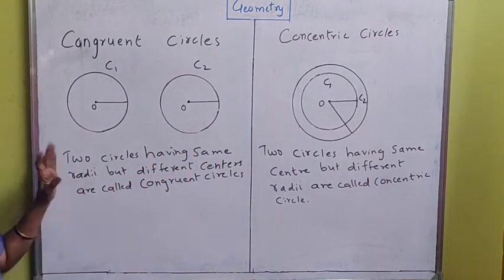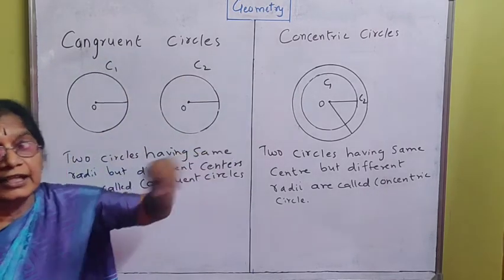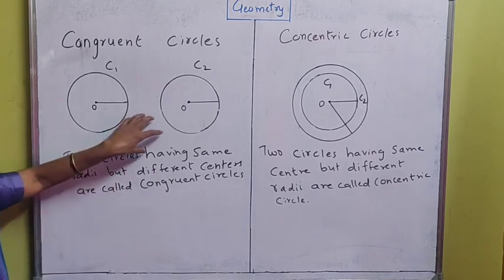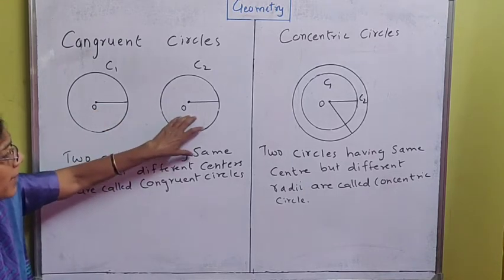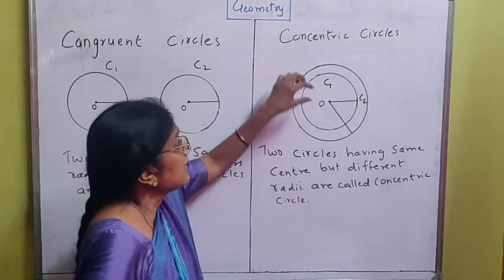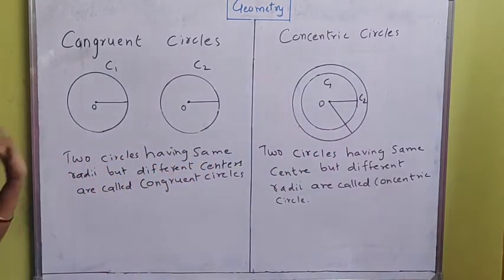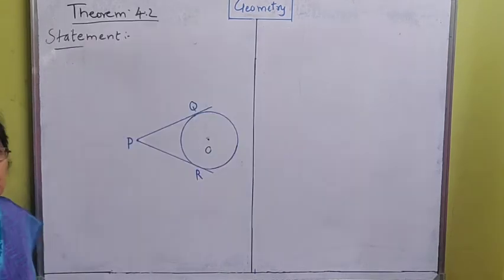So you came to know two types of circles, congruent circles and concentric circles. In congruent circles, the centers are different and the radii are same. In concentric circles, centers are same and radii are different. That is the difference between congruent circles and concentric circles.